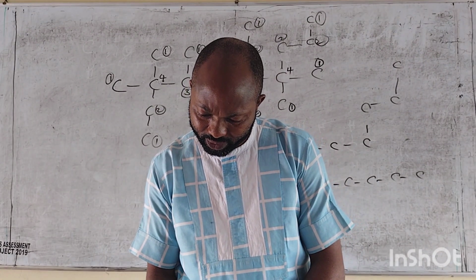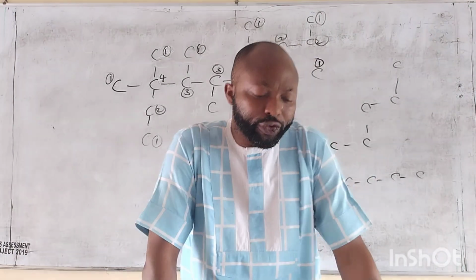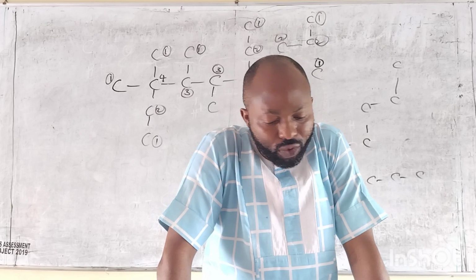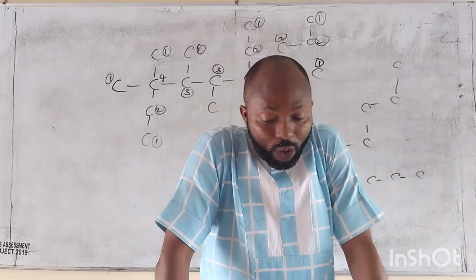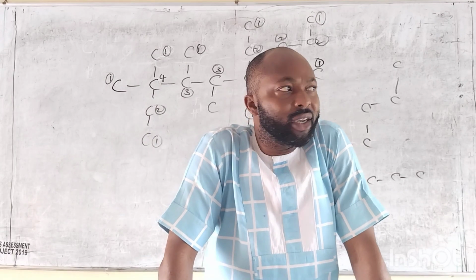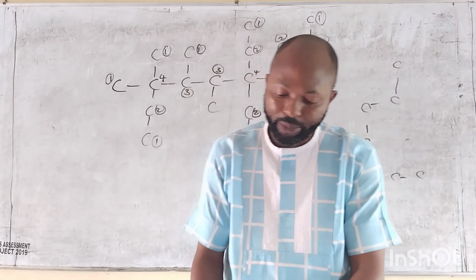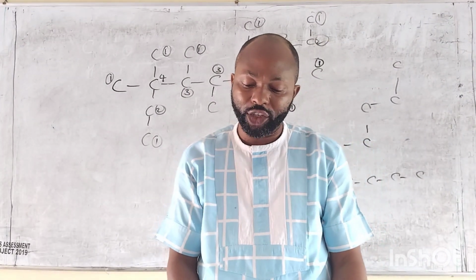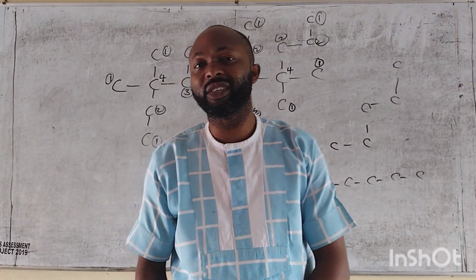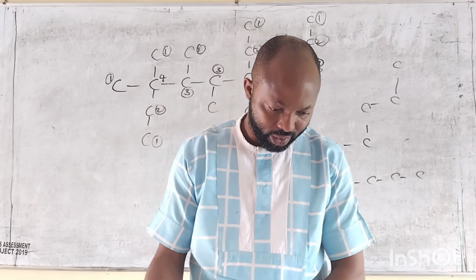Okay, the rules for IUPAC nomenclature of alkanes. Before we get down into the rules, there are a whole lot of rules. I will take my time to deal with the rules. But then, let us look at some reactions of alkanes. Some of the basic reactions which alkanes undergo, but others don't. And when we get to alkenes, we also see the reactions they undergo, and alkanes don't.